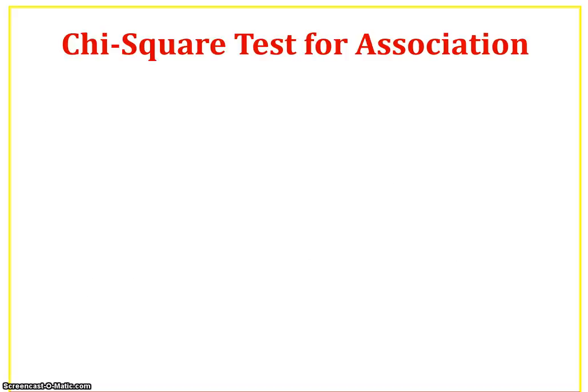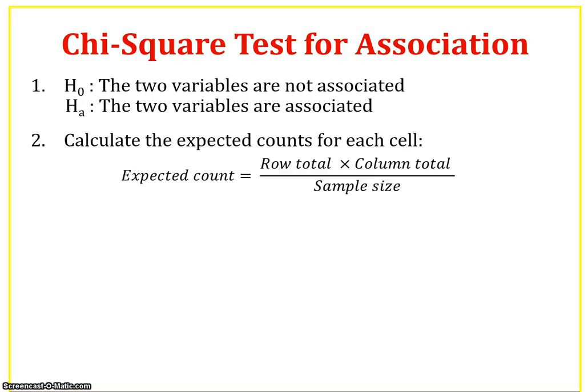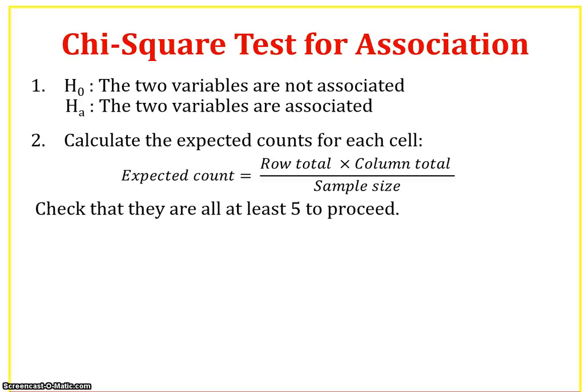So the basic process for a chi-square test for association: first we make our hypotheses. Null is that the two are not associated, and the alternative is that the two variables are associated. Next, we need to calculate our expected counts for each cell in the two-way table based on the observed data.